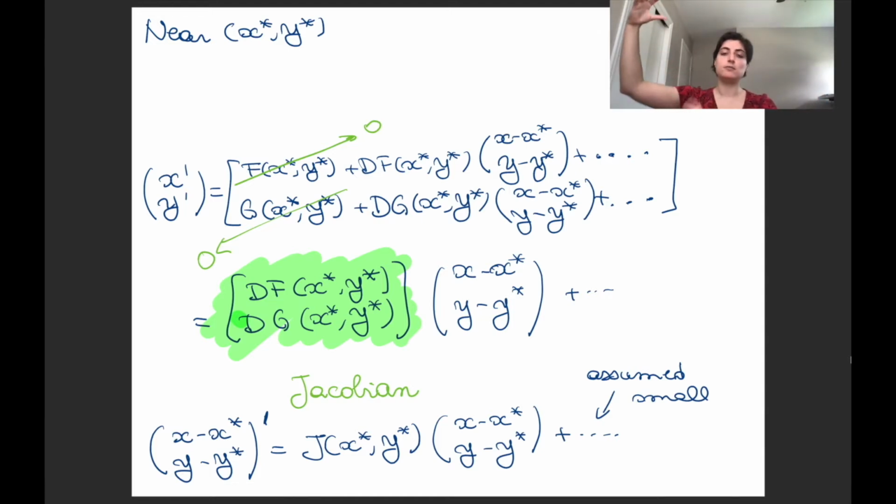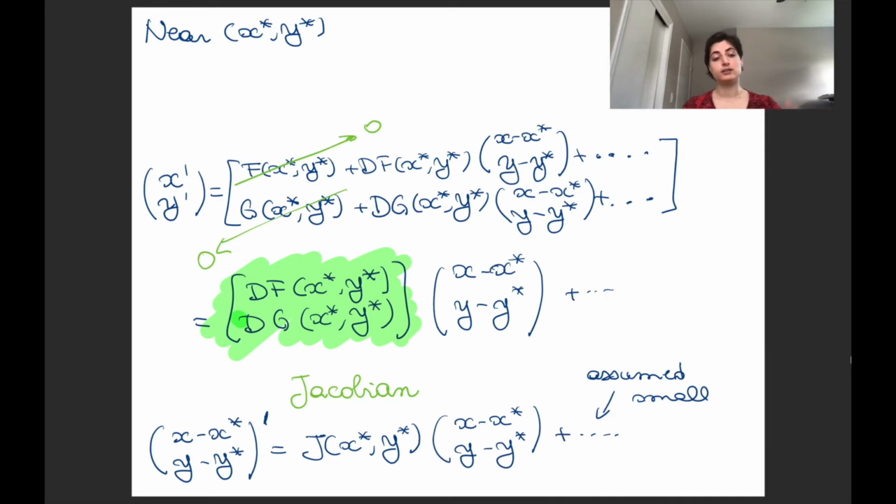So we can merge this information and write it as Df (x star, y star) and Dg (x star, y star). Both of them are 2D vectors. So we have created a 2 by 2 matrix multiplied by (x minus x star, y minus y star), plus other terms. I'm not going to be talking about that because we're assuming them to be small because we're very close to (x star, y star).